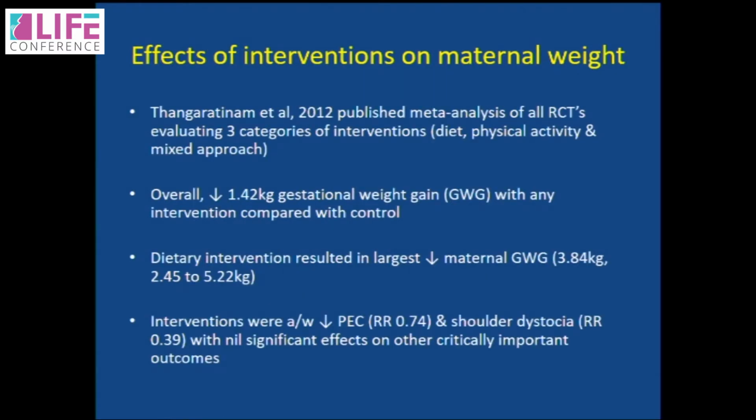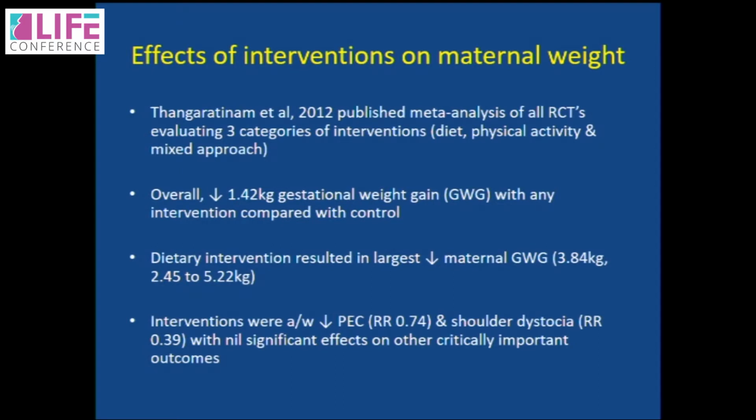Okay. So what about the effects of intervention on maternal weight? Probably the best known meta-analysis for this was published by Thangaratnam in 2012. These authors looked at 3 categories of interventions: diet, physical activity, and a mixed approach.